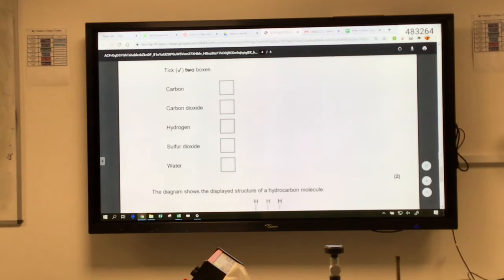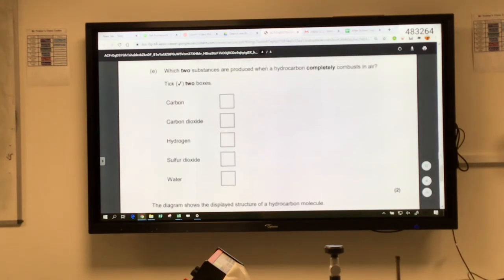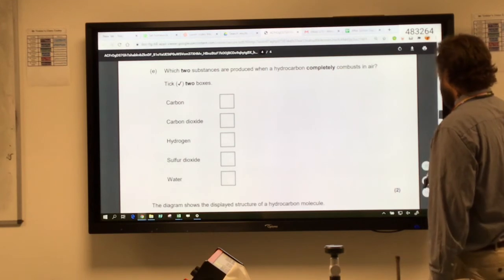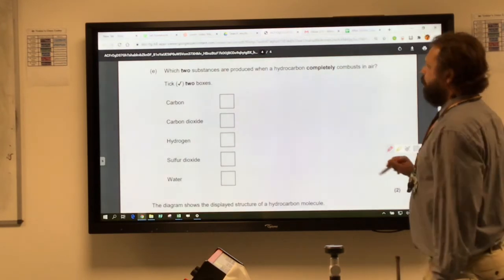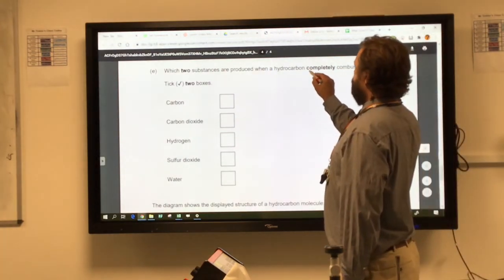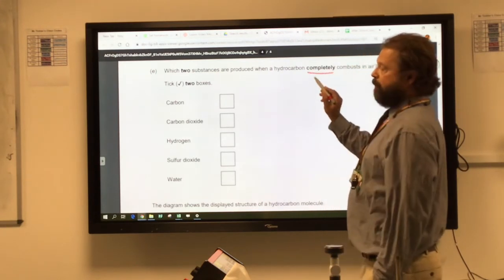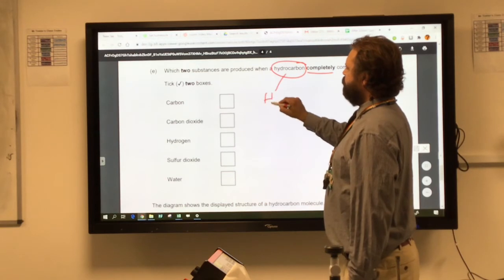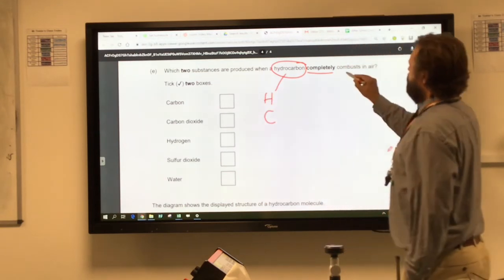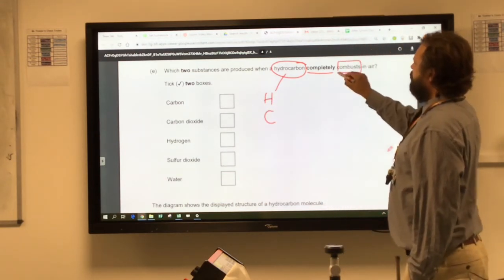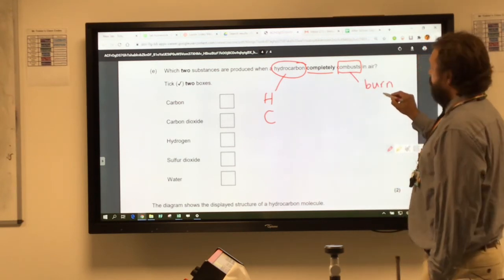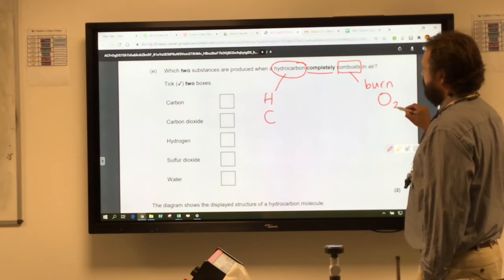Okay, this next question is asking us about what happens when hydrocarbons burn completely. Think what you already know from this question. We got a word in bold, so that must be important. We know that hydrocarbons are only made of hydrogen and carbon, and we know that combusts means to burn, and burning requires oxygen.